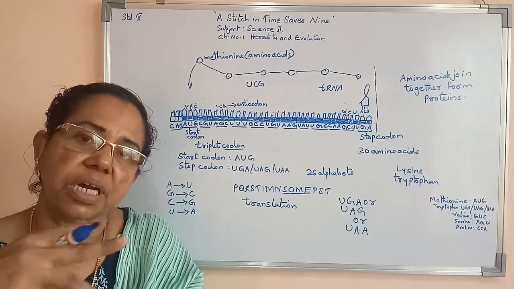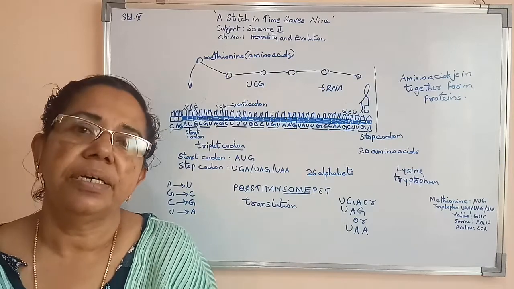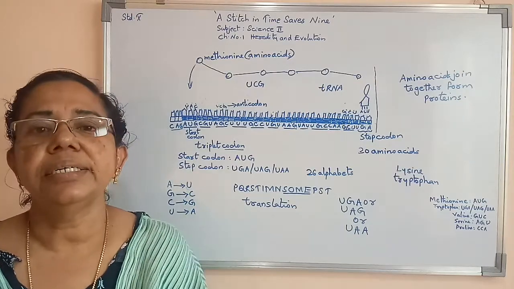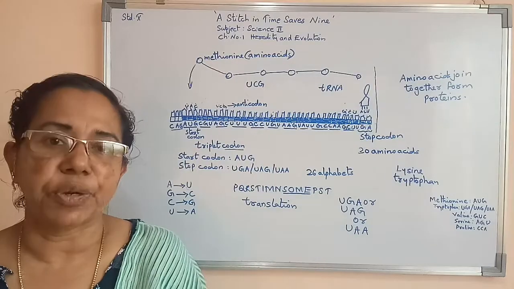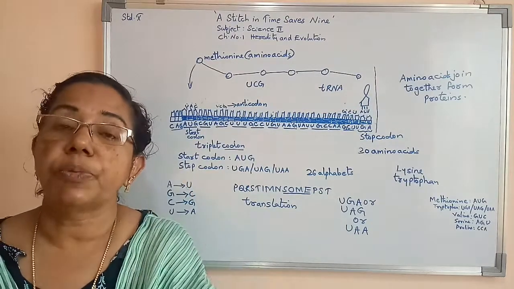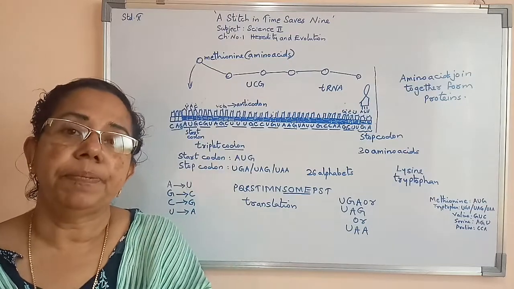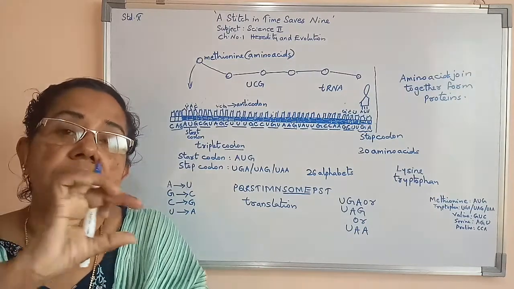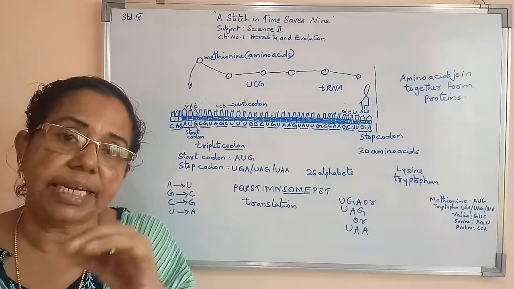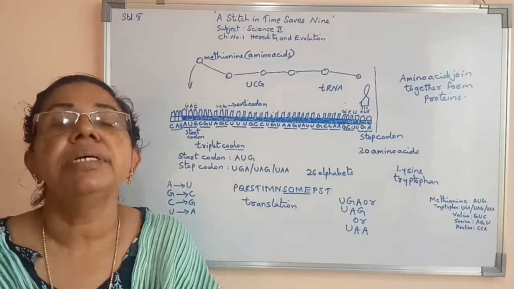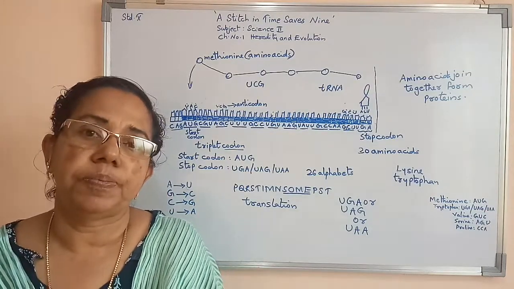So this process continues in living things, inside the nucleus as well as the cytoplasm. Messenger RNA is produced inside the nucleus. At the same time, the formation of protein takes place inside the cytoplasm in the ribosome.